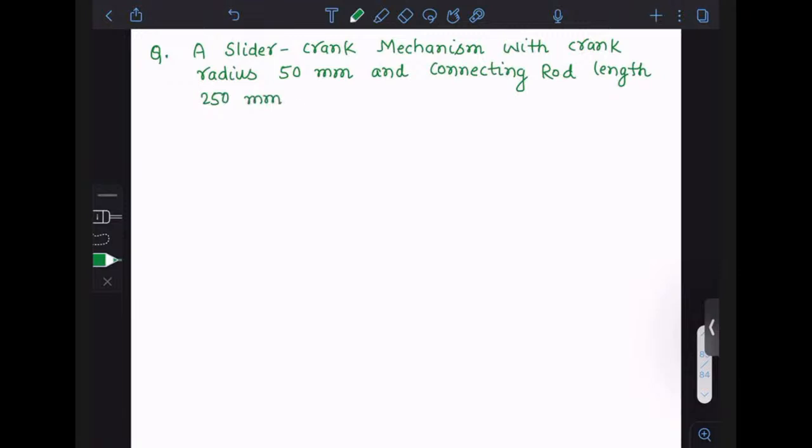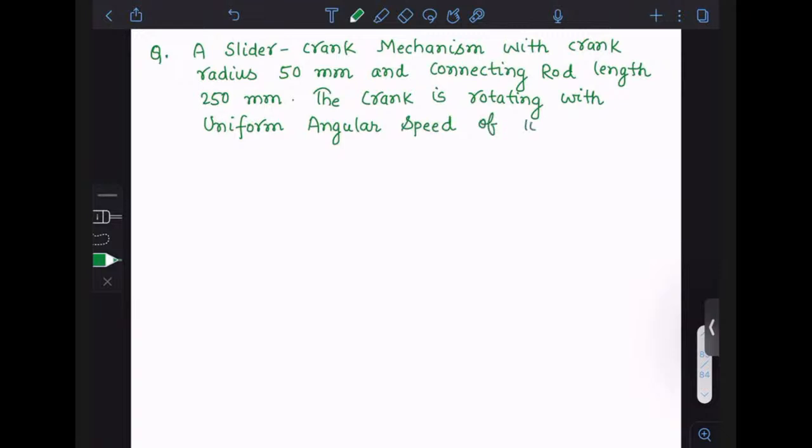The crank is rotating with uniform angular speed, ten radian per second, counterclockwise direction.